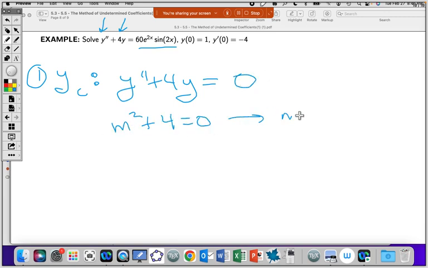What do I get for my m's here? It's plus or minus 2i. And once again, if we have pure imaginary solutions, that means we're going to get pure oscillations. What's my yc going to be?